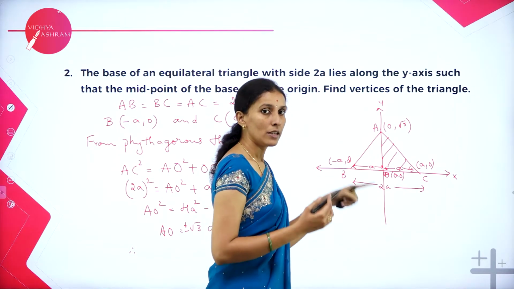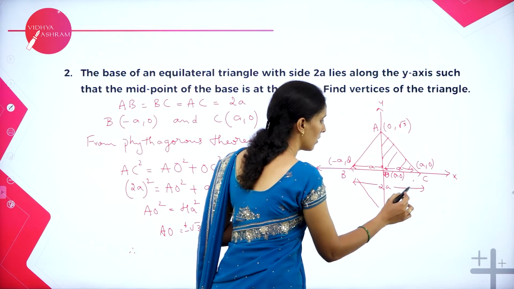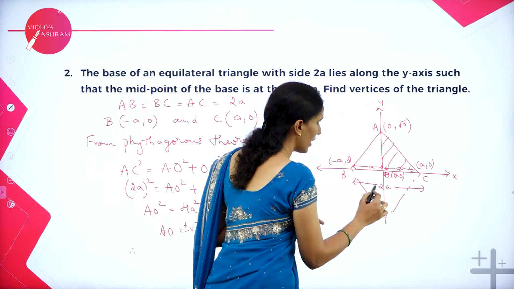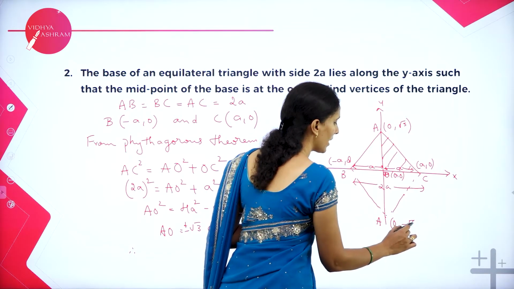Suppose the triangle lies in the negative direction of the y-axis, then its coordinate will be 0, minus root 3 A.